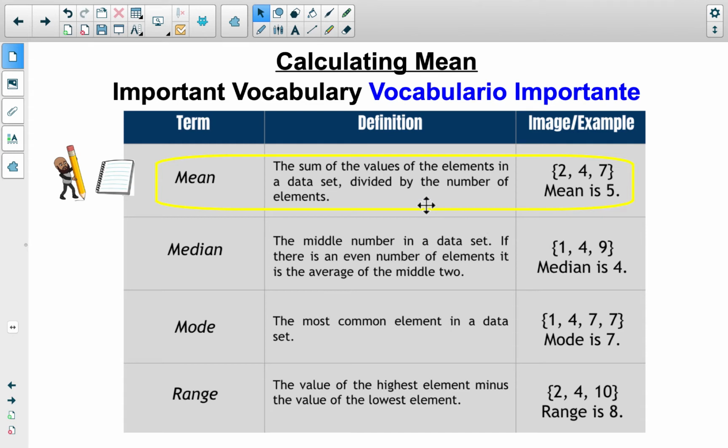When I say elements, I mean the number of numbers or the number of values. In this brief example, we have 3 separate elements or values being added together, 2, 4, and 7, and you would divide by 3 to get 5 because there are 3 elements or values in this data set.